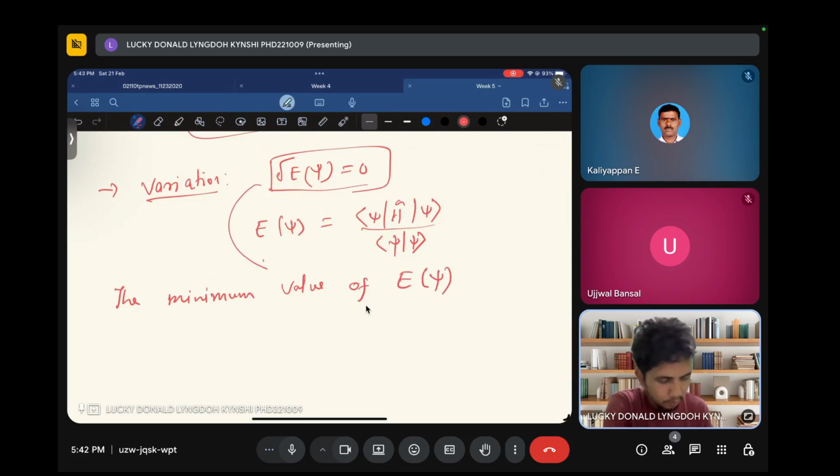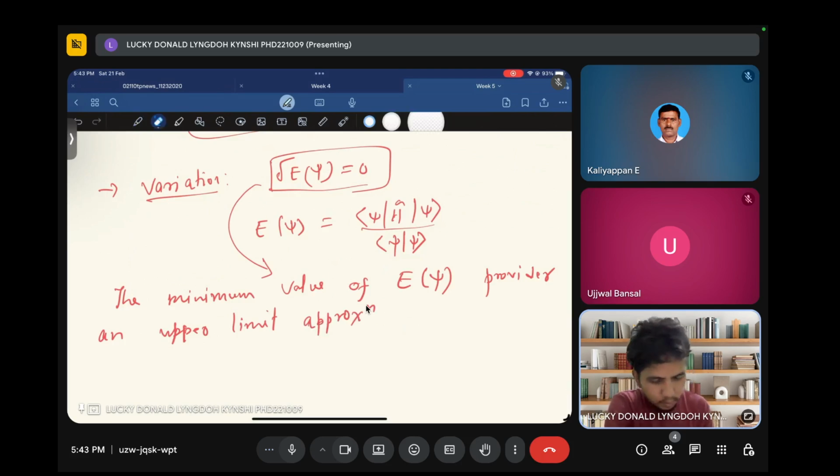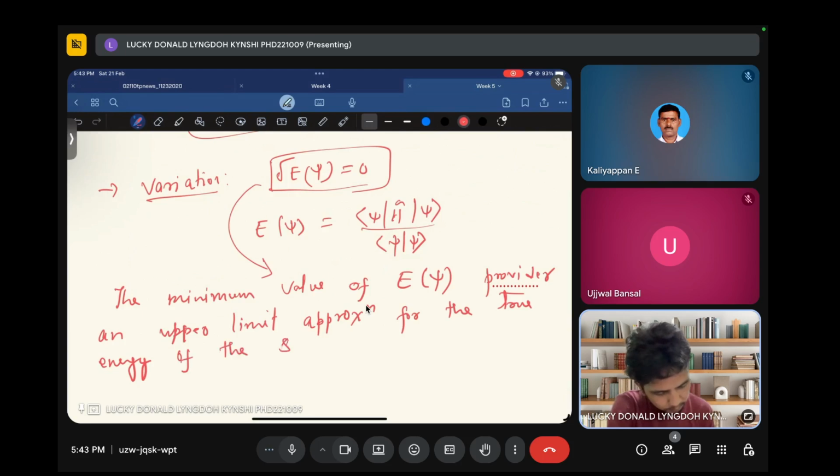Whatever the minimum value of E psi that you get provides an upper limit approximation for the true energy of the system. Okay, that means you can find the minimum energy from your delta E psi.